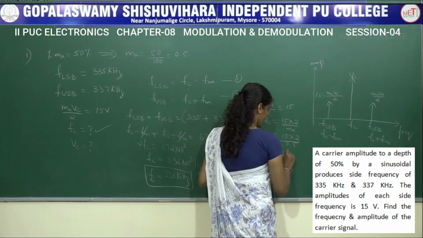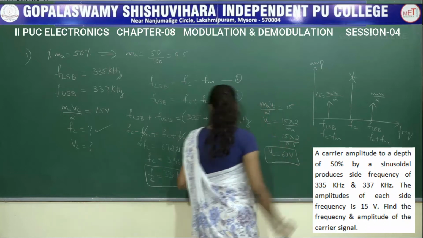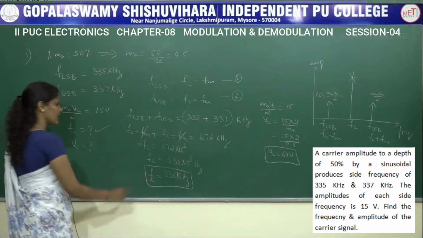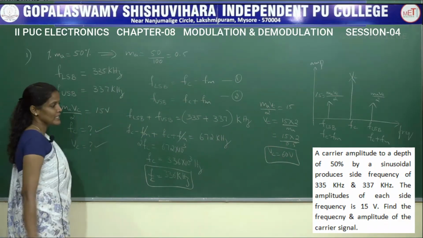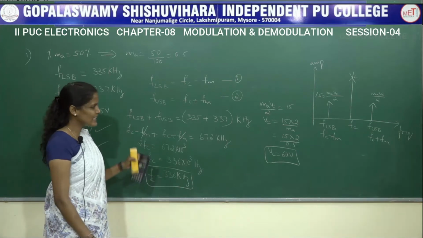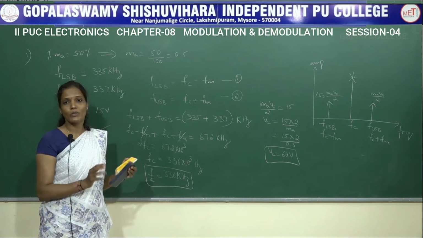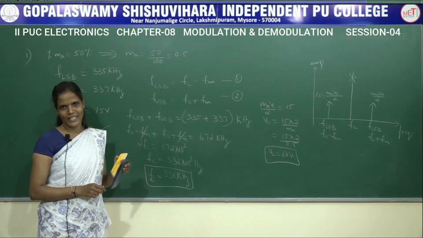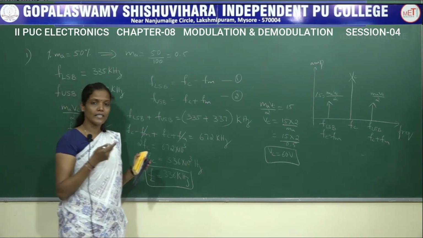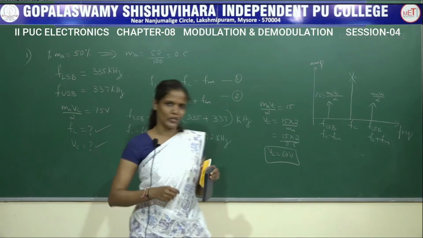VC is equal to 60 volts. So the FC value is 336 kilohertz and the VC value is 60 volts. So with this problem, we will be completing all different types of problems which can be asked in this particular topic, that is the instantaneous equation of an amplitude modulated wave.